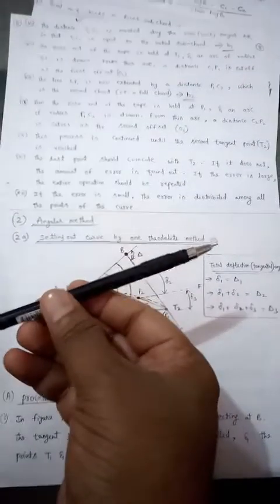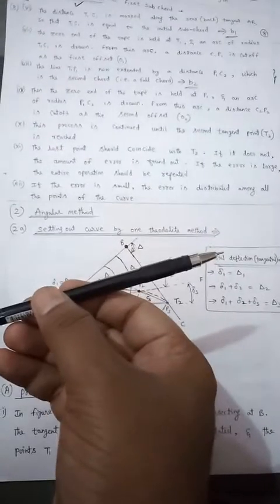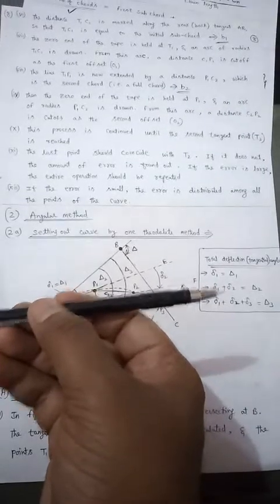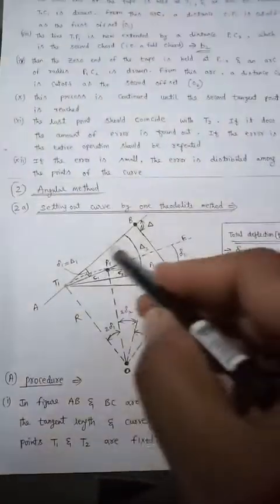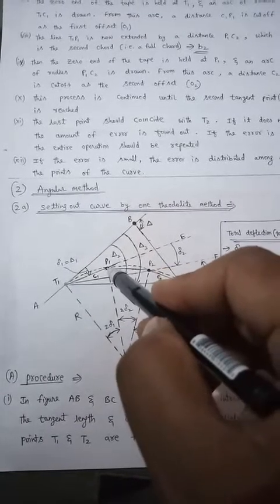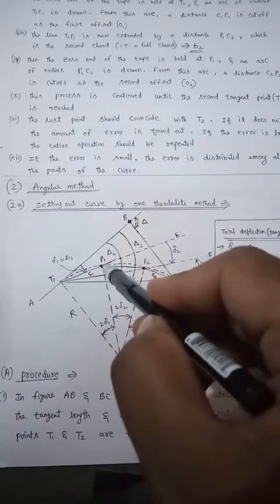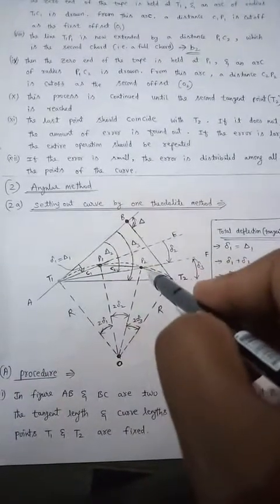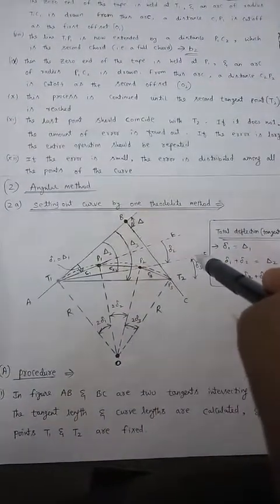Now the telescope is turned in the clockwise direction from tangential angle 1 to tangential angle 2 in the line of T1F. Now with the zero end of the tape at P1, an arc of the calculated normal subchord distance C2 is drawn in the line of T1F.